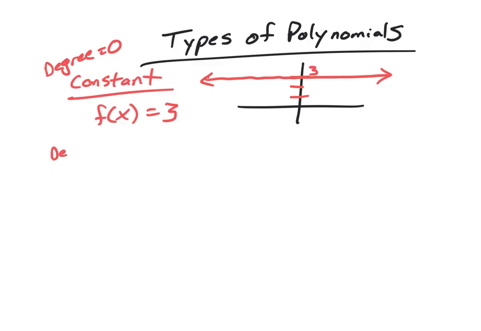If we have a degree of 1, f of x equals 2x plus 3 would be an example. What do we call that equation? What's the name for a degree of 1?